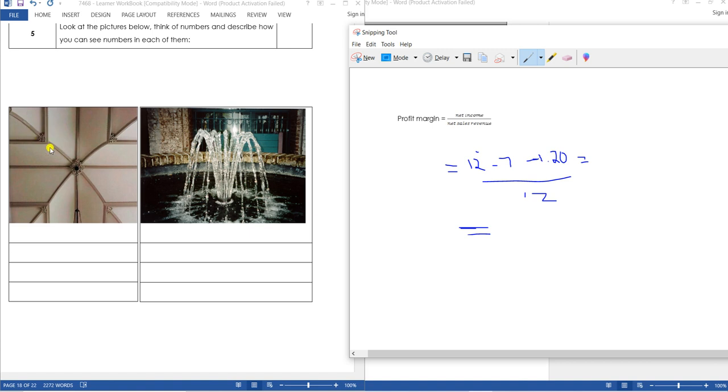So there's four sides. So there's 4, 8, 12, 16. So this is more of a sequence, where you just basically add numbers, and these numbers just increase.